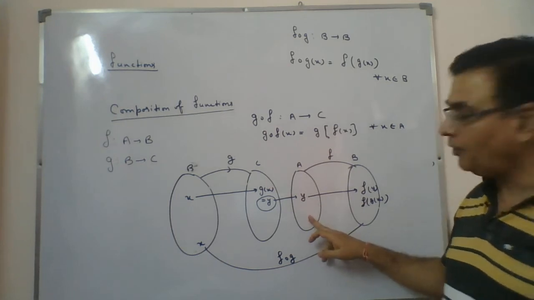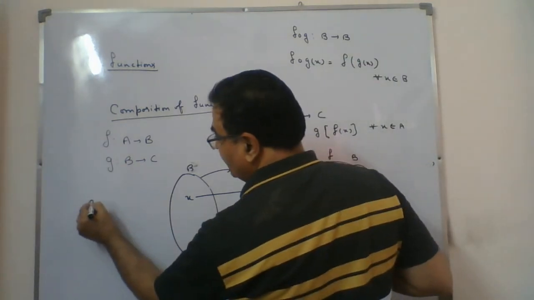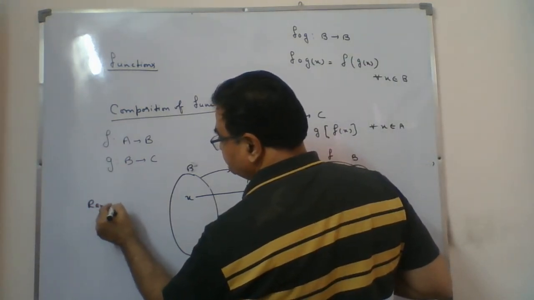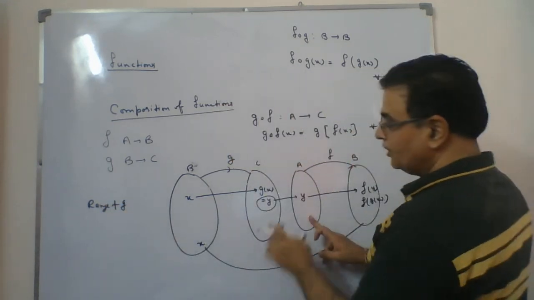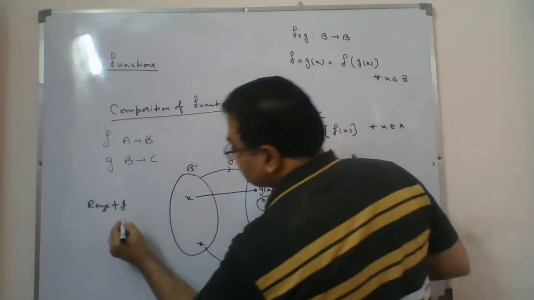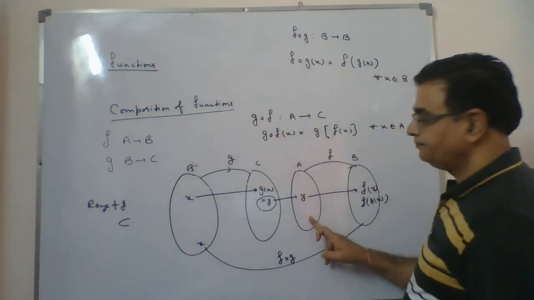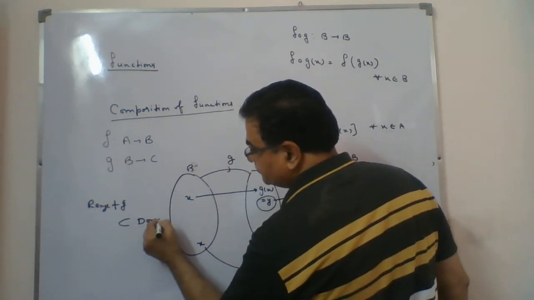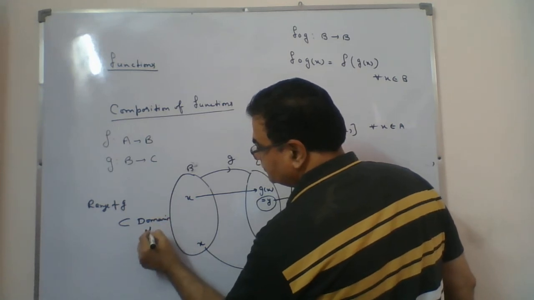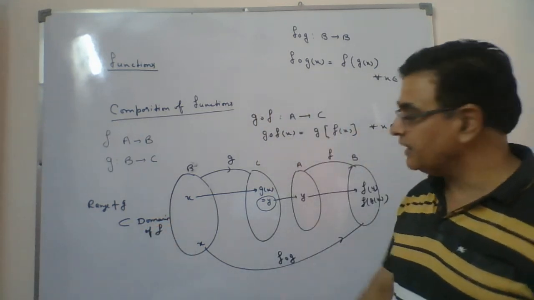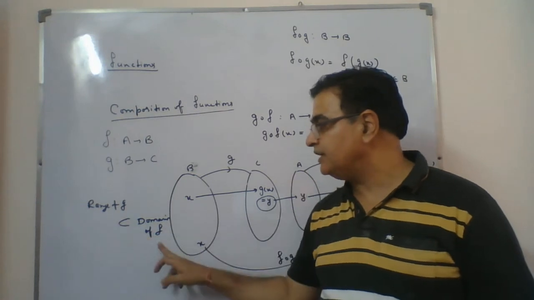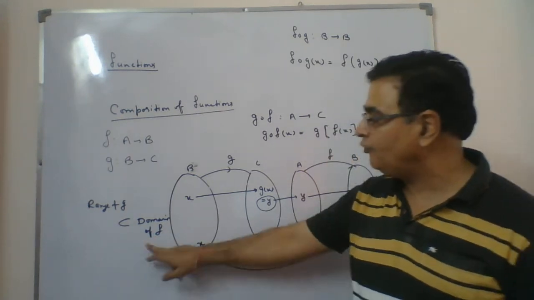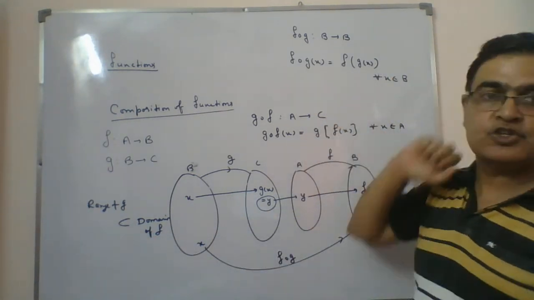So this is only possible when the range of g is a subset of the domain of f. If this condition holds, that is, range of g is a subset of domain of f, I will say yes, this function will exist.